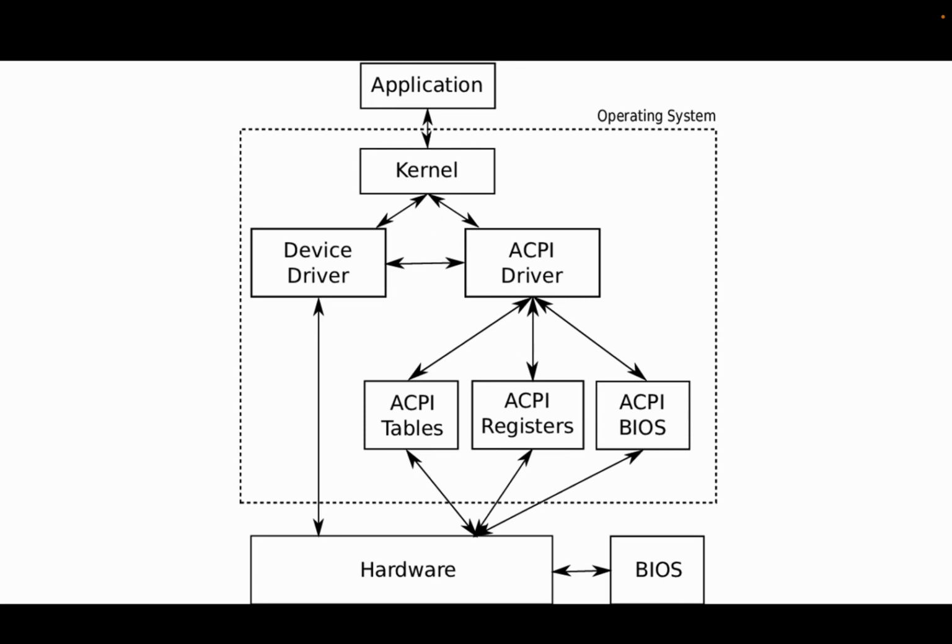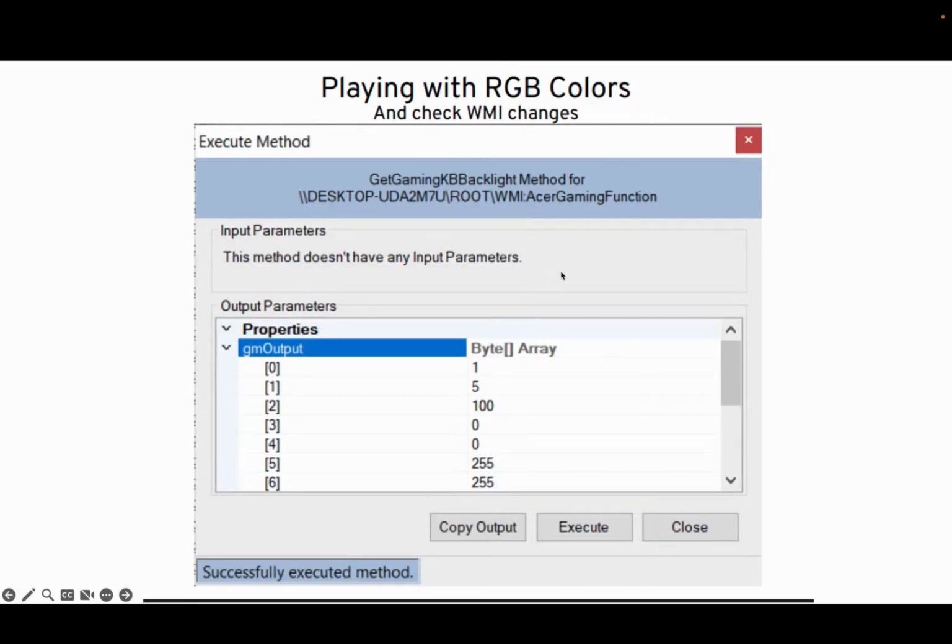So we can use the WMI inside the ACPI, and by calling some ACPI methods, we can communicate with hardware. And that's all I did basically. Okay, so let's move forward.